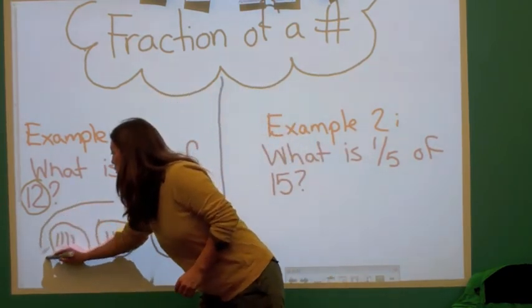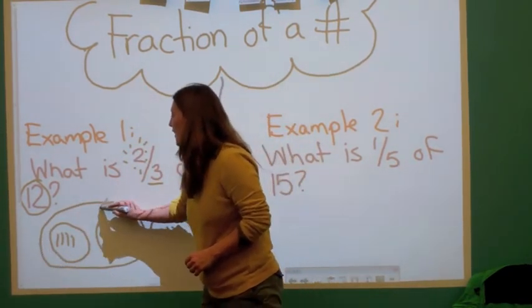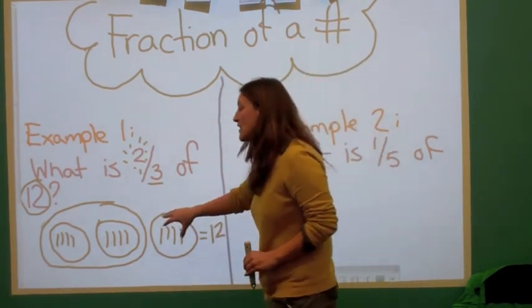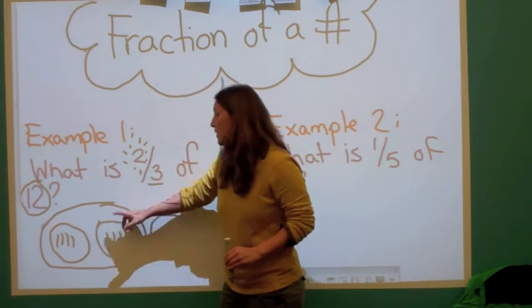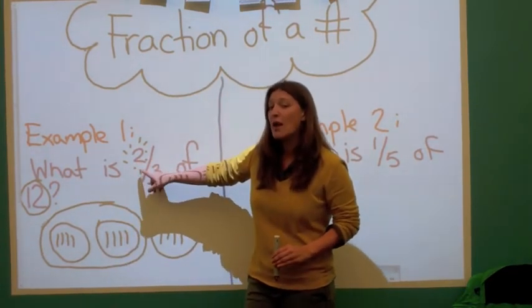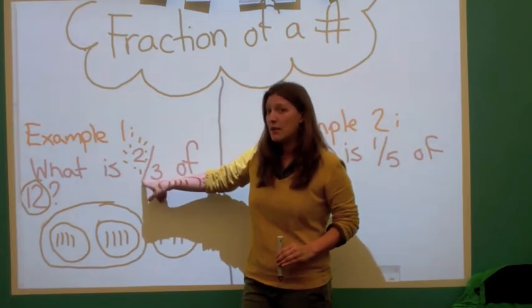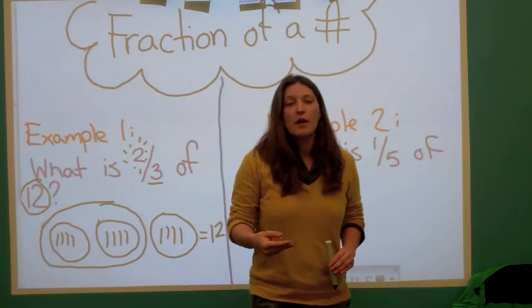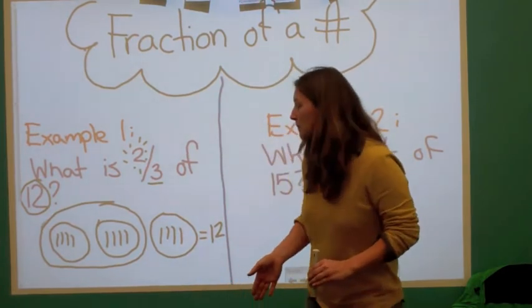So I'm going to circle 2 pieces right now. That's going to tell me that whatever is in these 2 pieces, because that's how many pieces I'm counting. Remember, that numerator talks about how many pieces to count. That's going to tell me what my fraction of a number is.